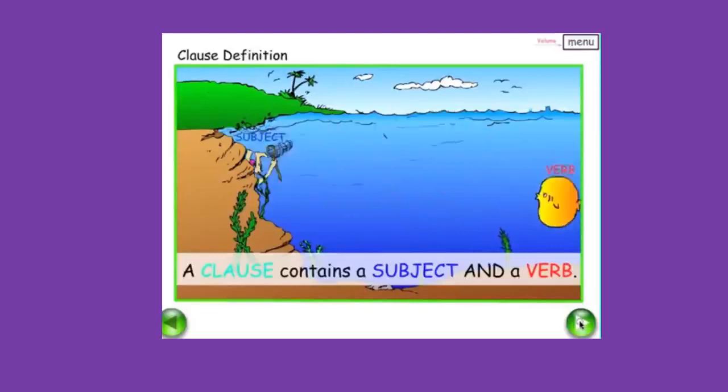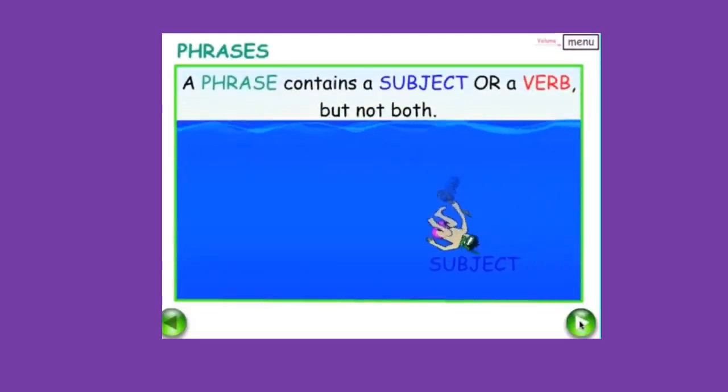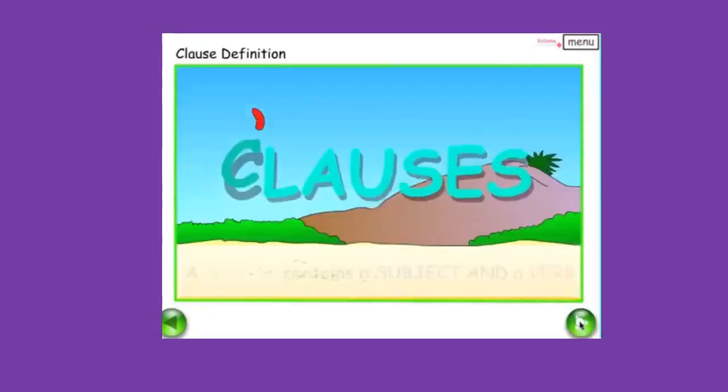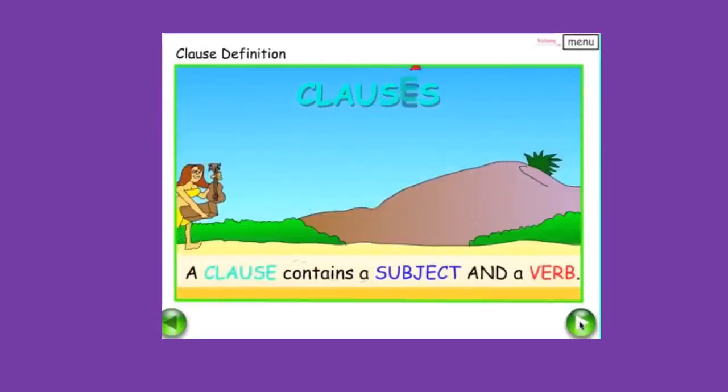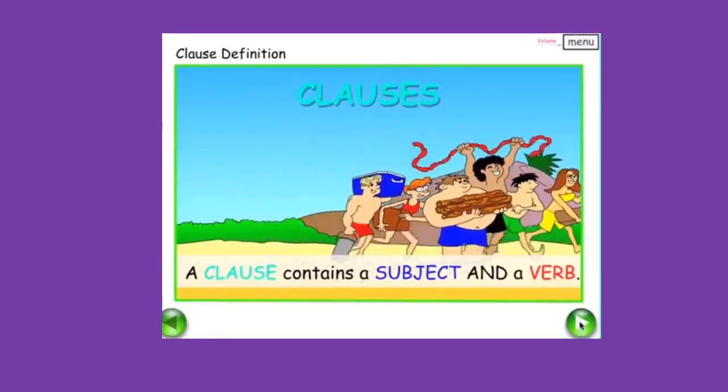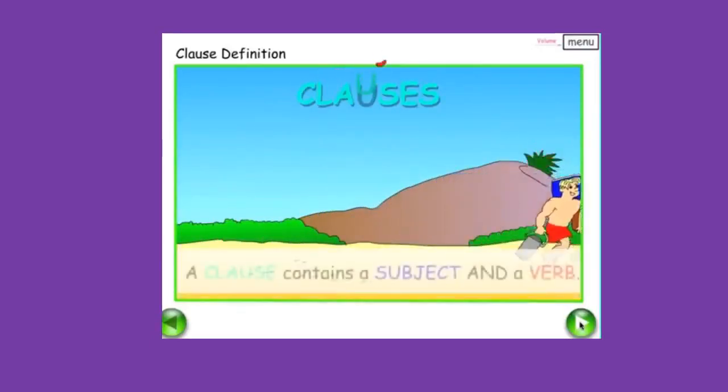So the simple thing for you to do is look at the structure and ask yourself, do I see a subject or a verb, but not both? If I do, then it's a phrase. If I see a subject and a verb, it is a clause, because a clause contains a subject and a verb.